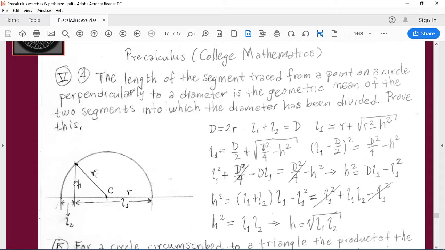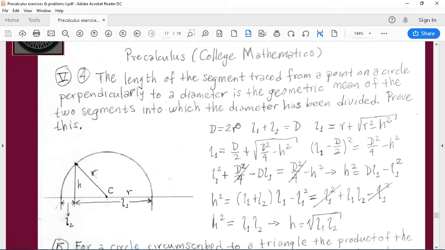So it says that that length h is equal to the geometric mean of the two segments into which the diameter has been divided. So the diameter has been divided into segments L1 and L2, and the geometric mean of the two segments is equal to the square root of L1 times L2. So we have to prove that h equals the square root of L1 times L2.